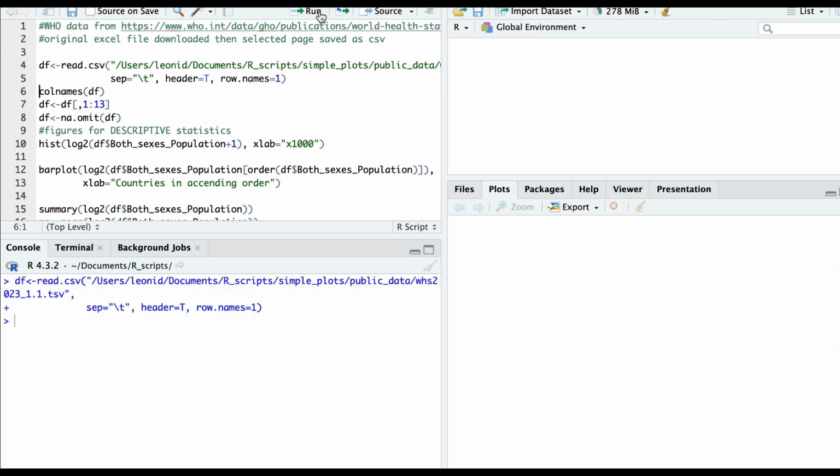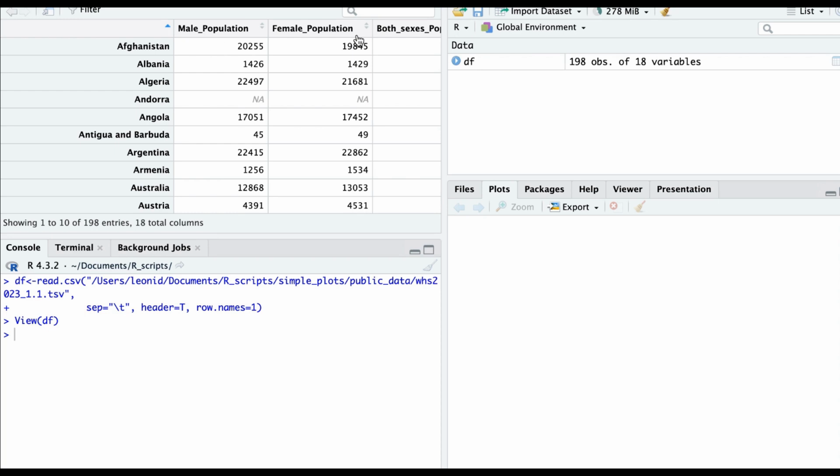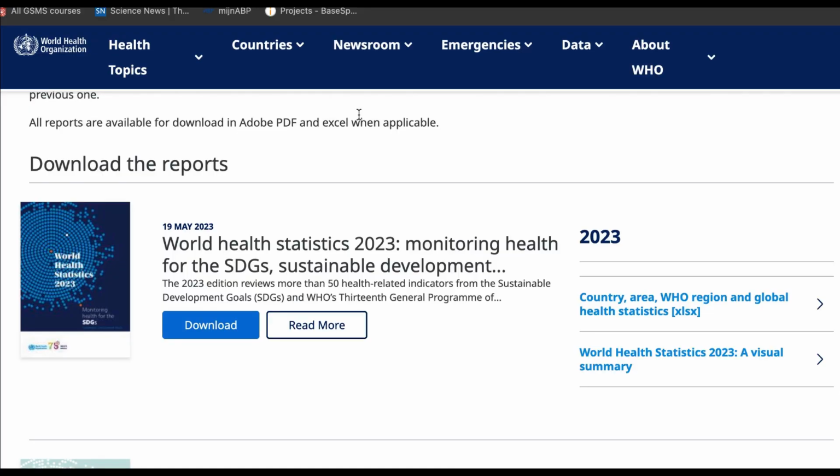And at the beginning you import data which are male-female population per country in the world. The original data could be downloaded from the official page.